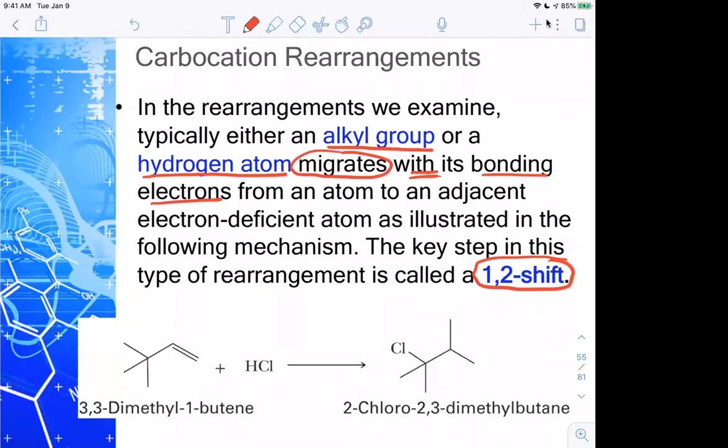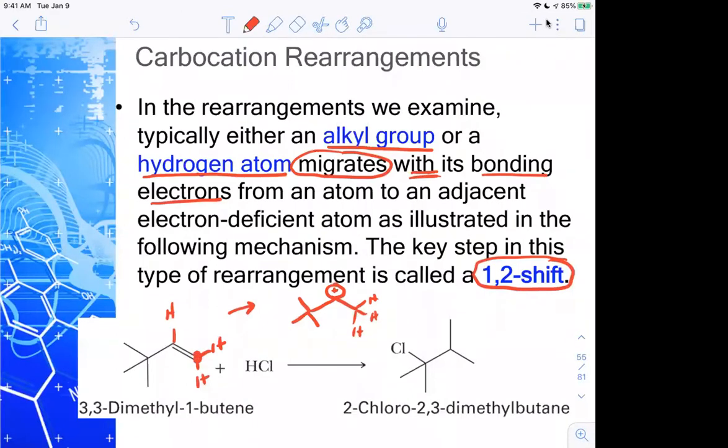So let's think about this. Here, if I go through the Markovnikov type situation, I should get this secondary carbocation as my preferred product.